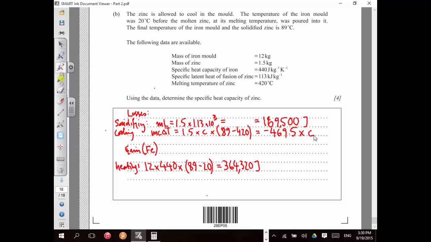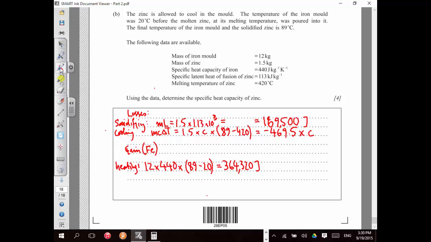Okay, so we know that the amount of heating that the iron experienced came from the energy lost in solidifying and cooling of the zinc. So I can just write that out just to make that whole thing make sense. This is probably the trickiest question in this section.